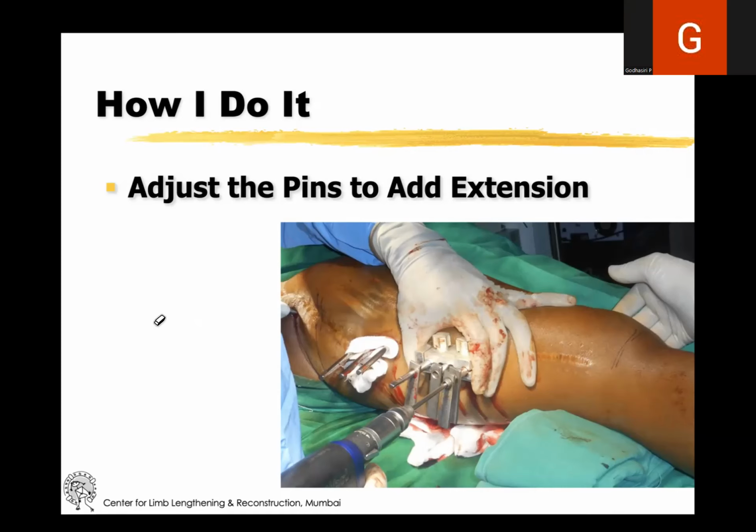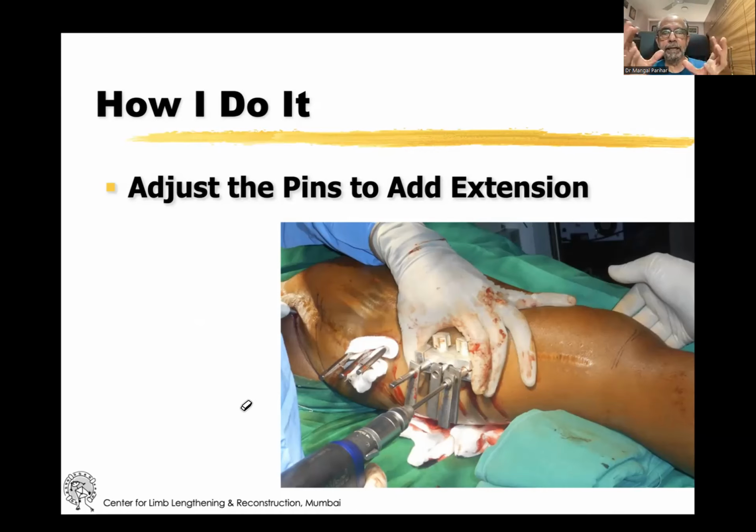Yes, sir. So you can add a little bit of extension. Now, this is one of the drawbacks of the LRS, because LRS is in one plane only. So the amount of extension that you can add is limited. Whereas with the Ilizarov, you can add a lot of extension. So if there is a significant flexion deformity, then I would tend to use an Ilizarov, because with the Ilizarov, I'm not constrained to one plane.